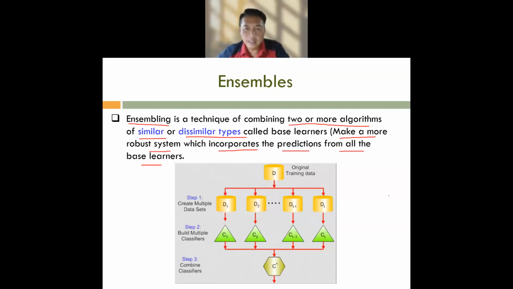Okay. So if you look at the diagram here, this is our original data. So we split them into T partitions, okay, create multiple data sets, and then we will feed them into up to T classifier. So each of the classifier here will produce their own result, and then we collect all the result here, and then we form the final answer by combining them.